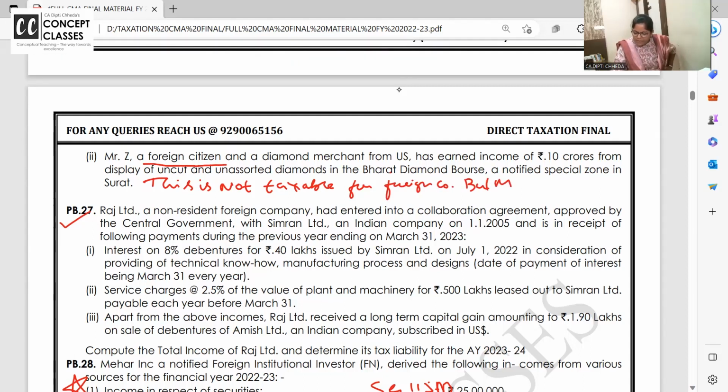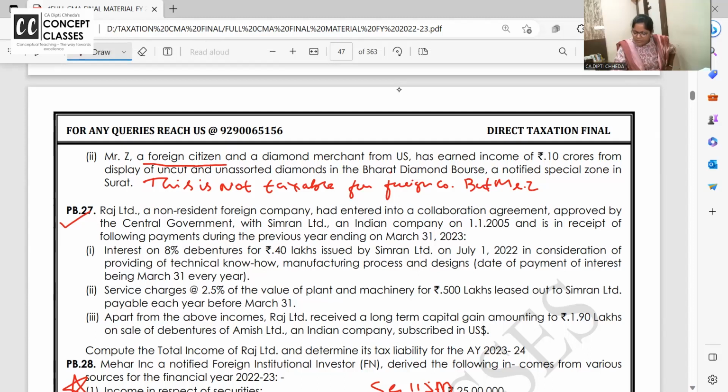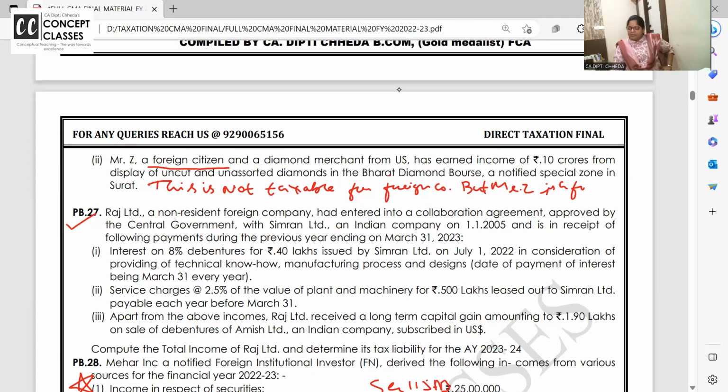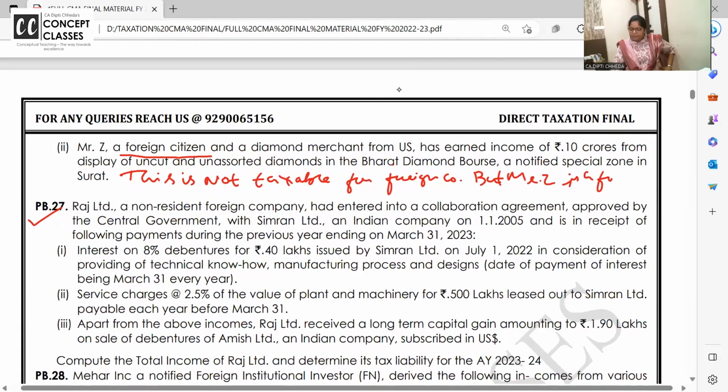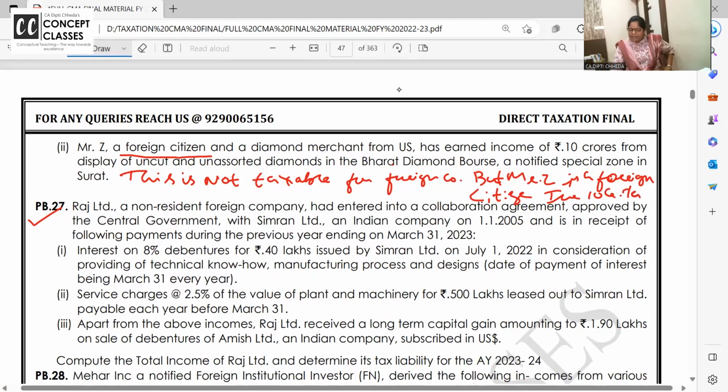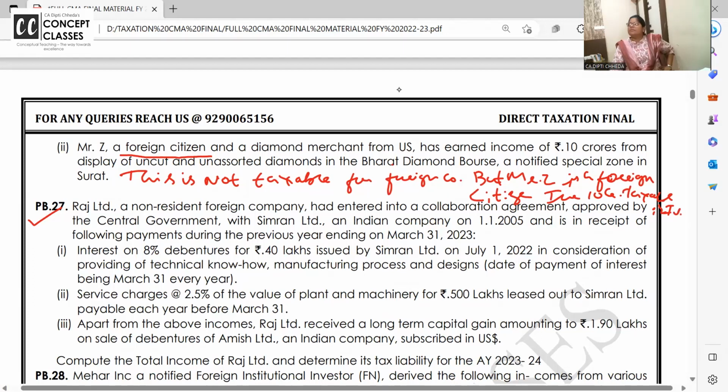But Mr. Z is a foreign citizen, not a foreign company. Hence this income of 10 crore is taxable in India. Definitely taxable in India.